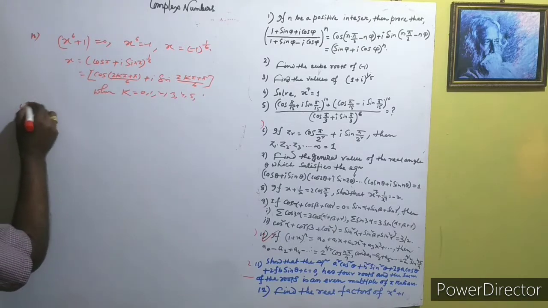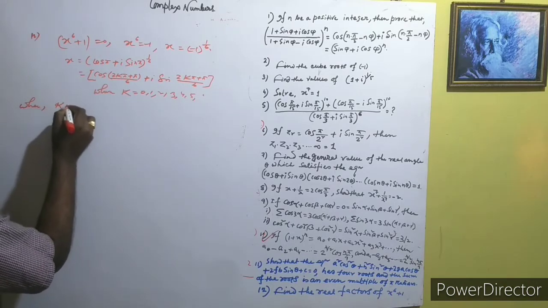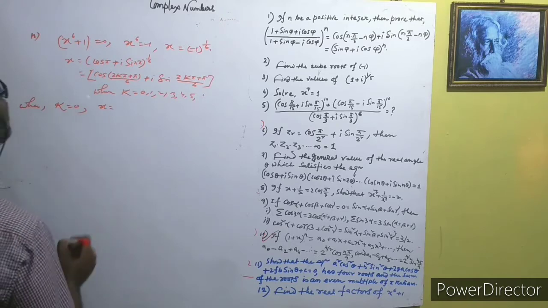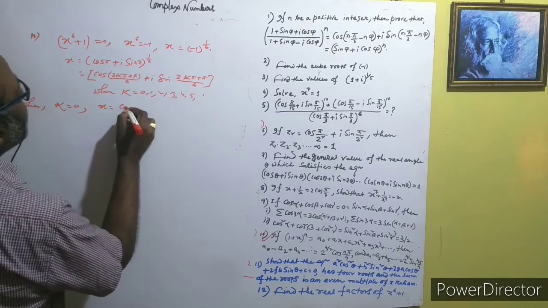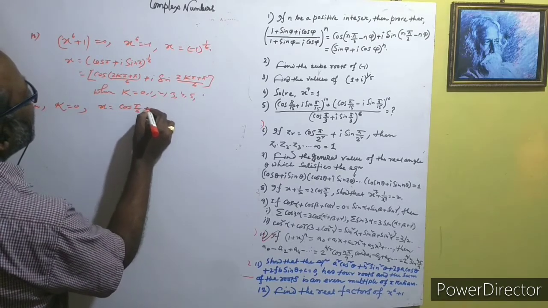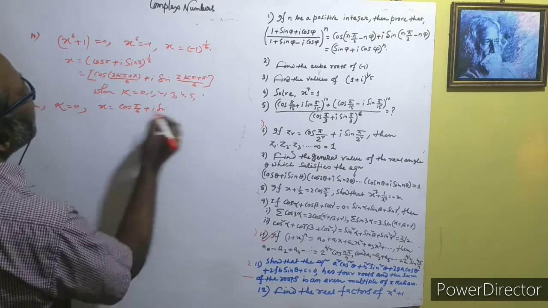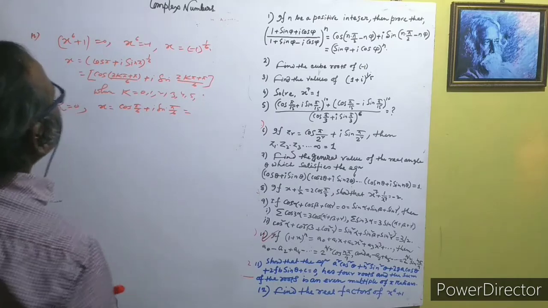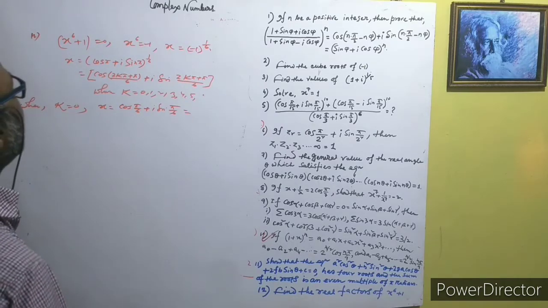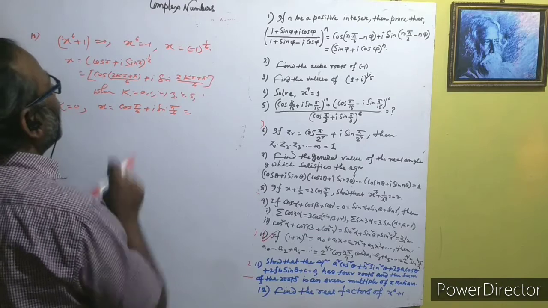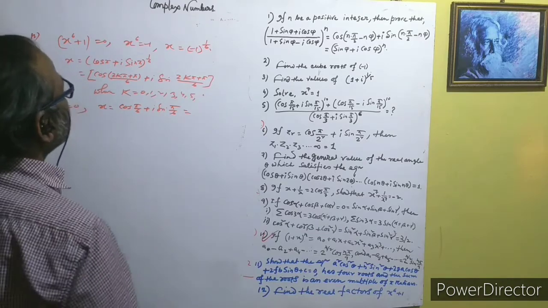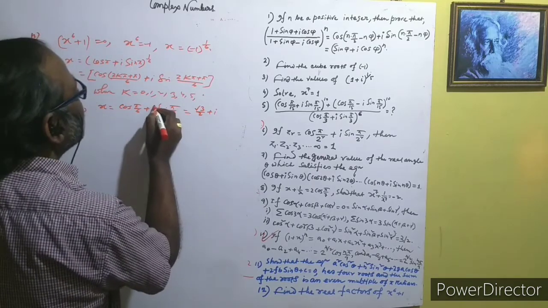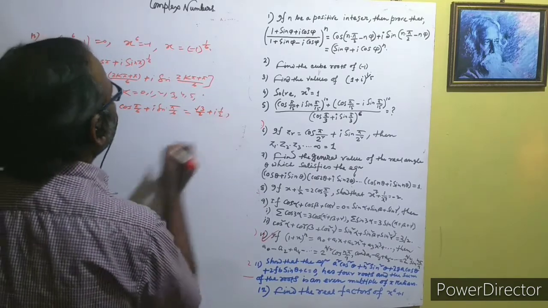So now when k is equal to 0, x is equal to cos pi by 6 plus i sin pi by 6. This is cos 30, which is root 3 by 2, plus i into sin 30, that is half.